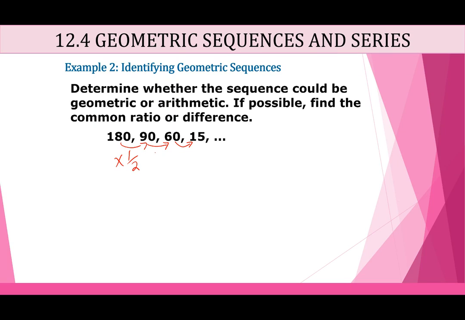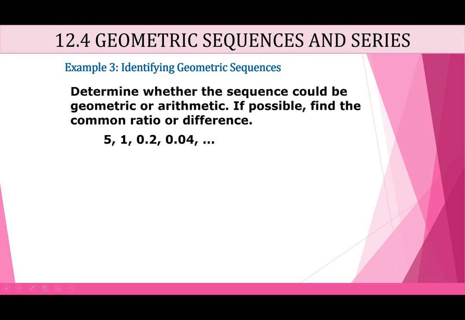And 90 to 60, that's not 1/2, because half of 90 would be 45. So it's not multiplying by 1/2 either. It's multiplying, I think, by 2/3, but that's not the same thing. So this is neither geometric nor arithmetic.